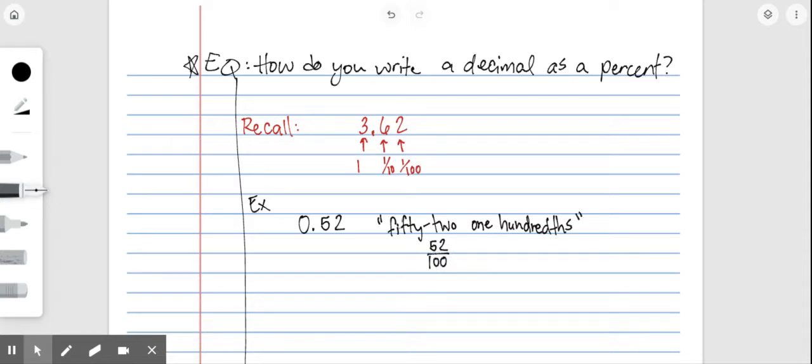And guess what a percent is, you guys? A percent is a number out of 100. So 52 100ths, 0.52, is the same as 52%.